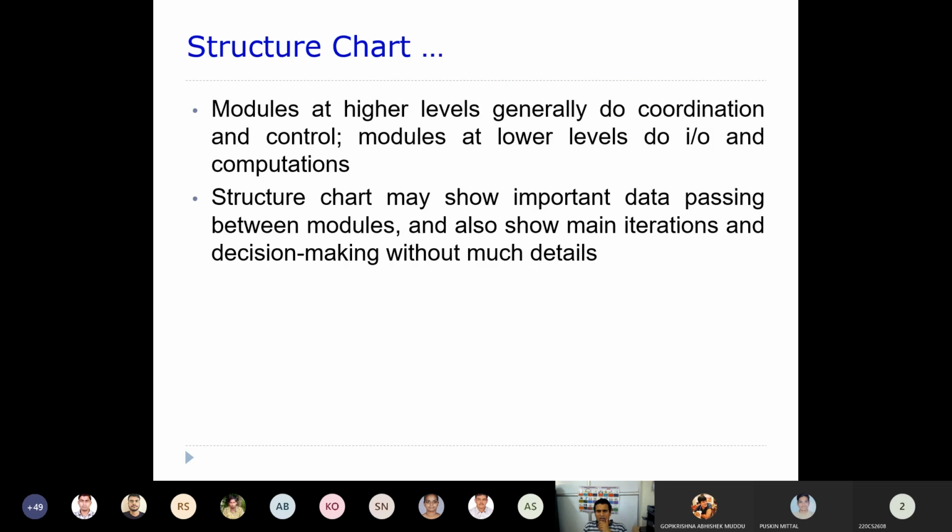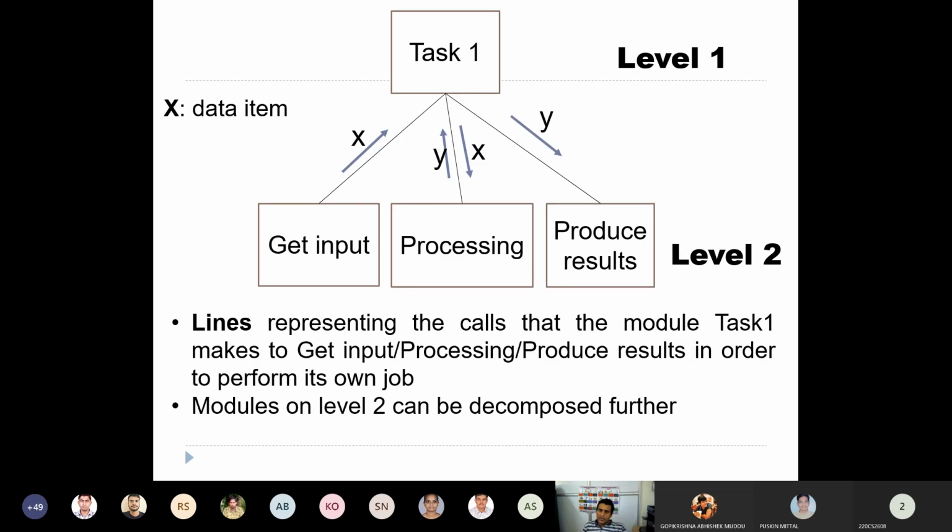Now a structure chart may show important data passing between modules and also show main iterations and decision making without much detail. In a structure chart, you can see the data passing between modules. We have seen here that X is the data being passed between the task 1 module and the get input module.